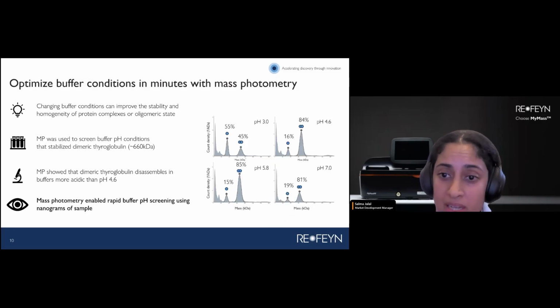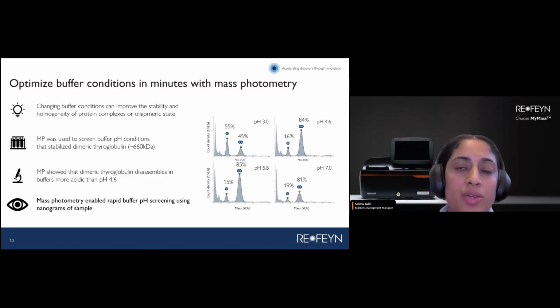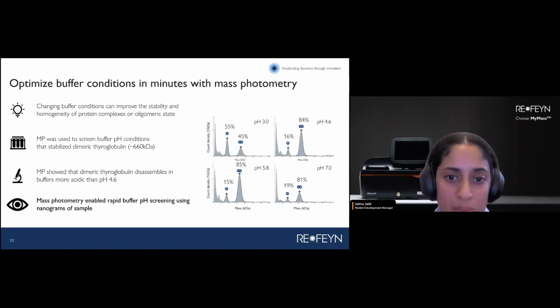Another way you could use MyMass is for buffer optimization screening. So if you wanted to look at different conditions with your buffers, like salt concentration, or in this situation, looking at the effects of pH on stabilization of your oligomeric species. So here we used MyMass to screen the buffer pH conditions that stabilize dimeric thyroglobulin.